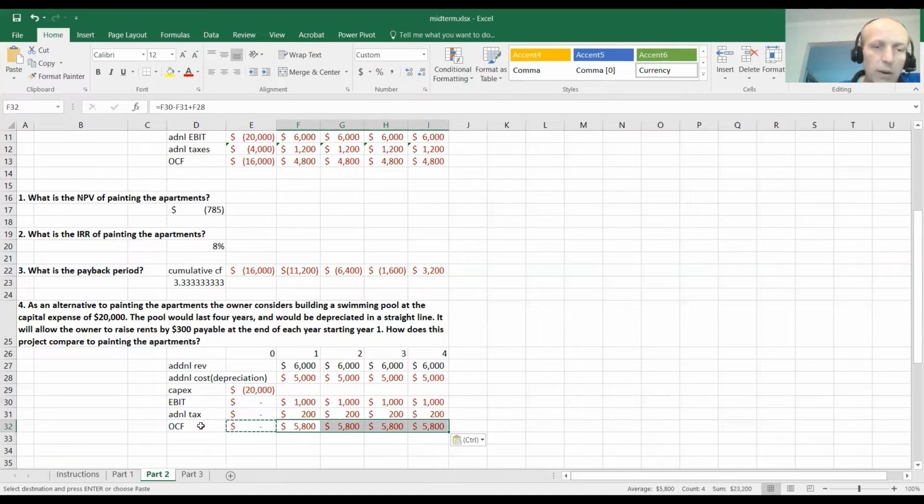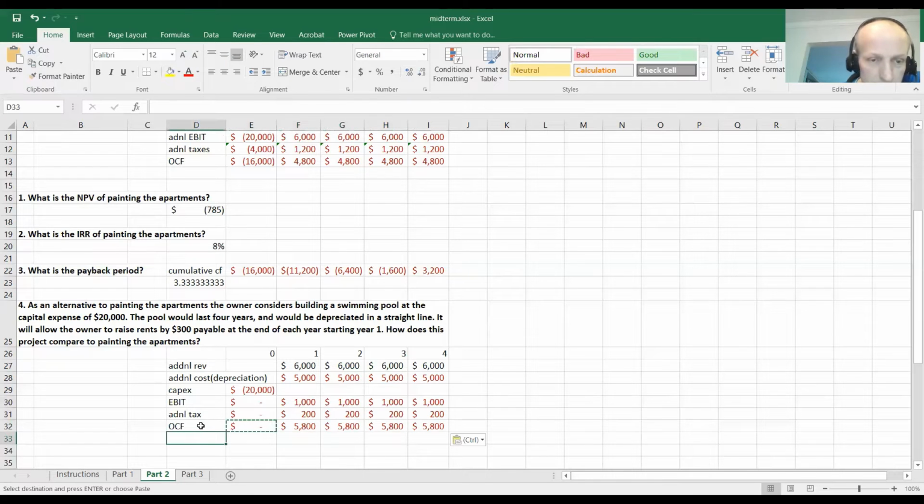Sure, because we get this additional $6,000 in revenue, and we pay additional $200 in taxes. Sure, we have that depreciation cost, but that's not cash outflow. So the cash is coming in years 1 through 4 as $5,800.